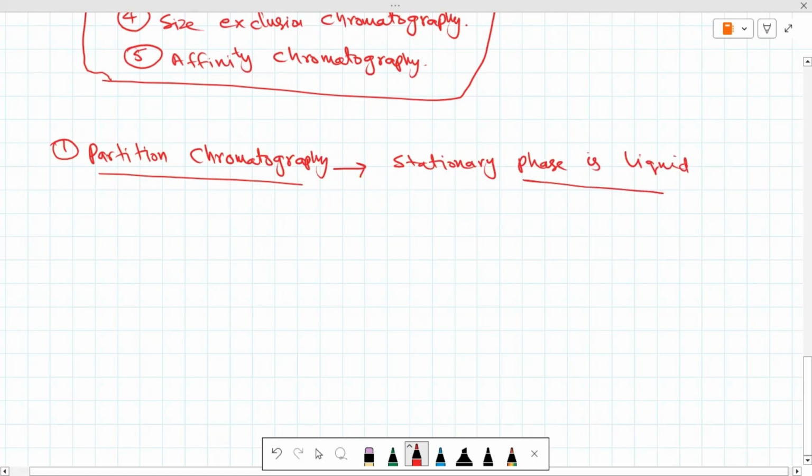Partition chromatography is that type of chromatography in which the stationary phase is liquid. And an example is paper chromatography.